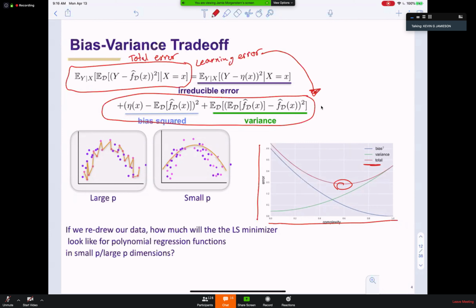And so that means I will always have some amount of bias because my model is not complex enough. My 3-degree polynomial is not complex enough to fit the assumed true 7-degree polynomial. And so that is bias. Even the best 3-degree polynomial in my class can't fit the 7-degree polynomial, and that incurs bias.